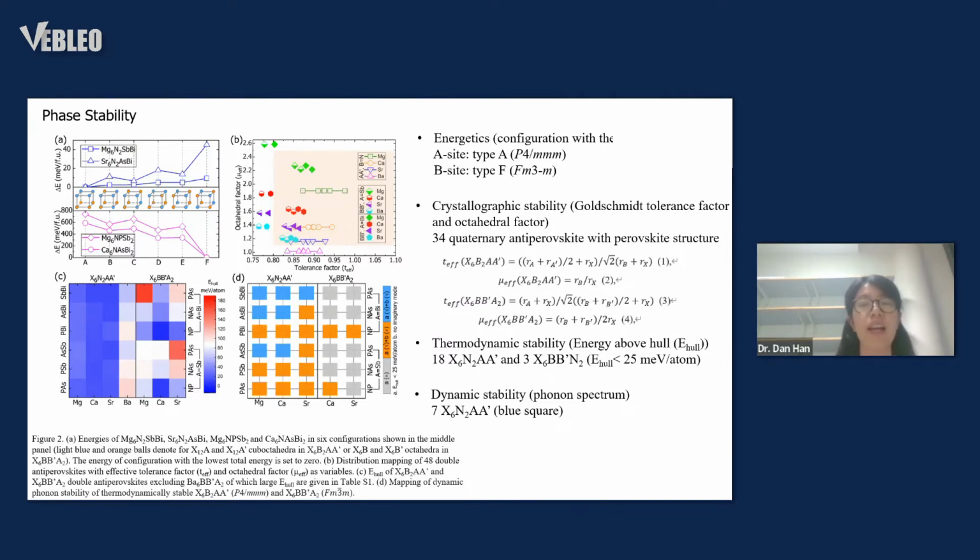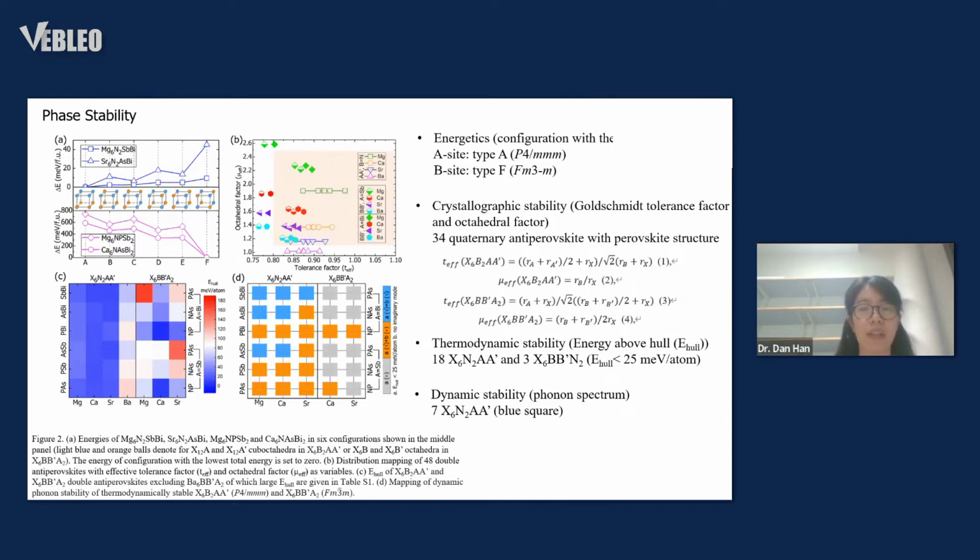We found that 18 A-side ordered compounds and 3 B-side ordered compounds show thermodynamic stability. Here, we set the criterion for energy above hull at 25 meV per atom, considering the possibility of entropy stabilization of metastable compounds.